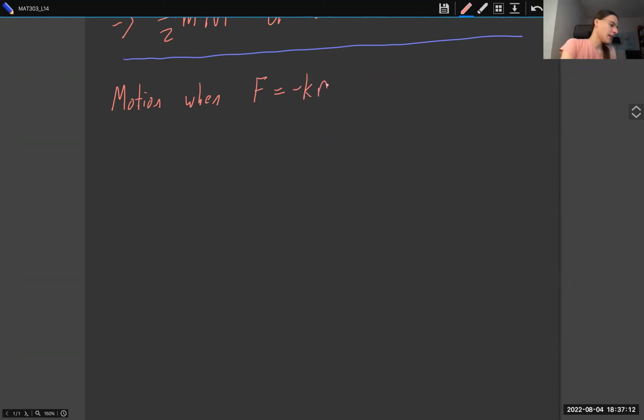So let's suppose there's a force that's proportional to the distance. The question is, what sort of movement would we have?